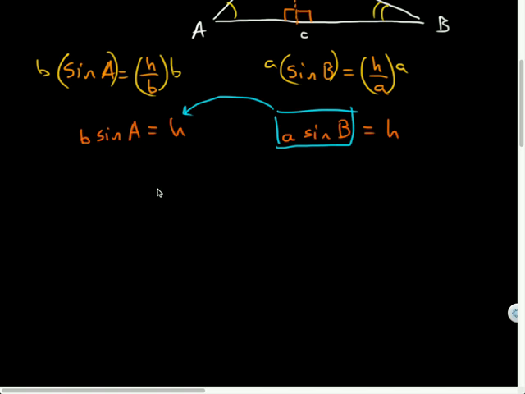So I will have A sine B is equal to B sine A.